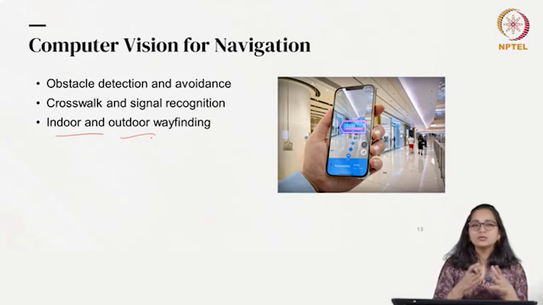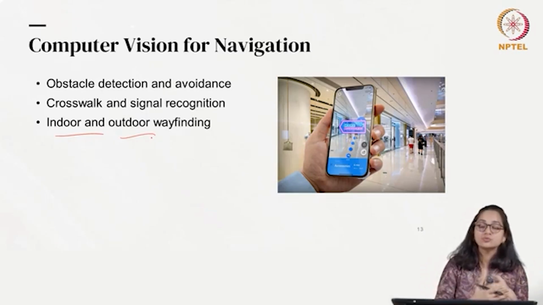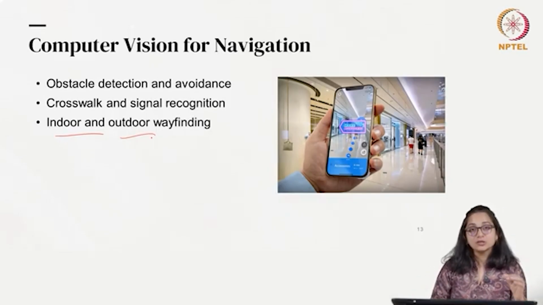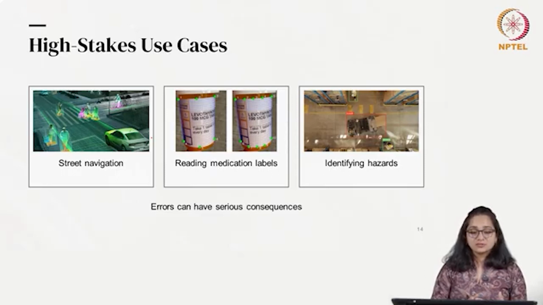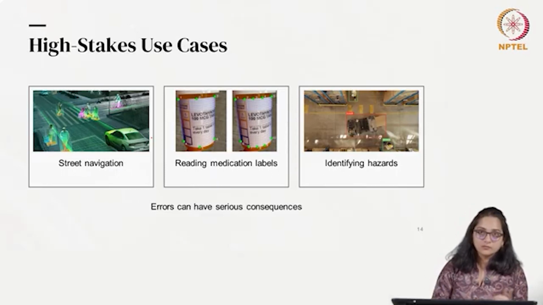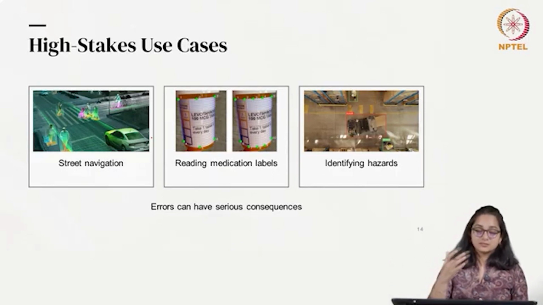So we don't want to say that okay, computer vision is the only solution, but it has to work in tandem with a lot of other technologies in order to really solve the wayfinding problem. Other than that, there may be other high stake use cases, right? So street navigation, definitely, because safety is involved. So there is a fast moving vehicle coming, it can warn you.